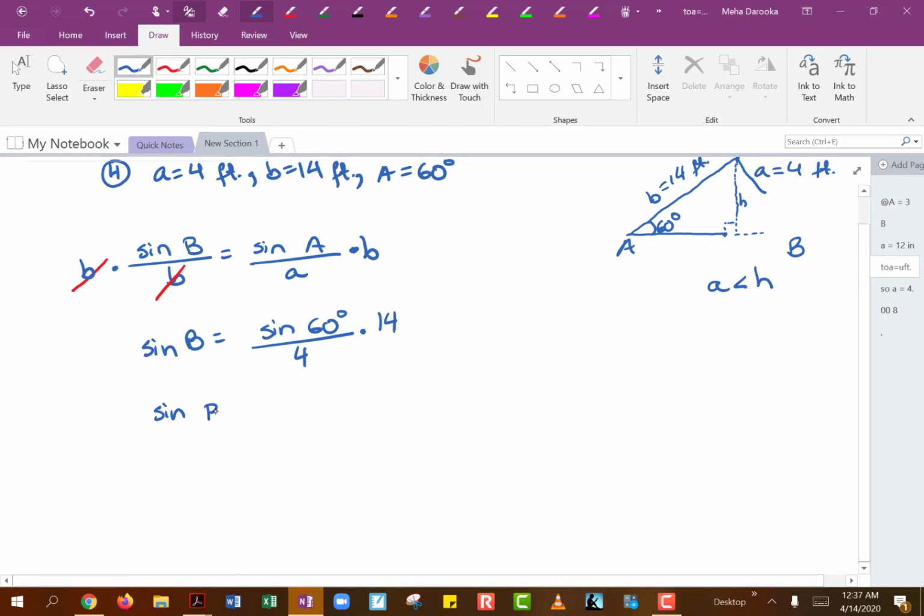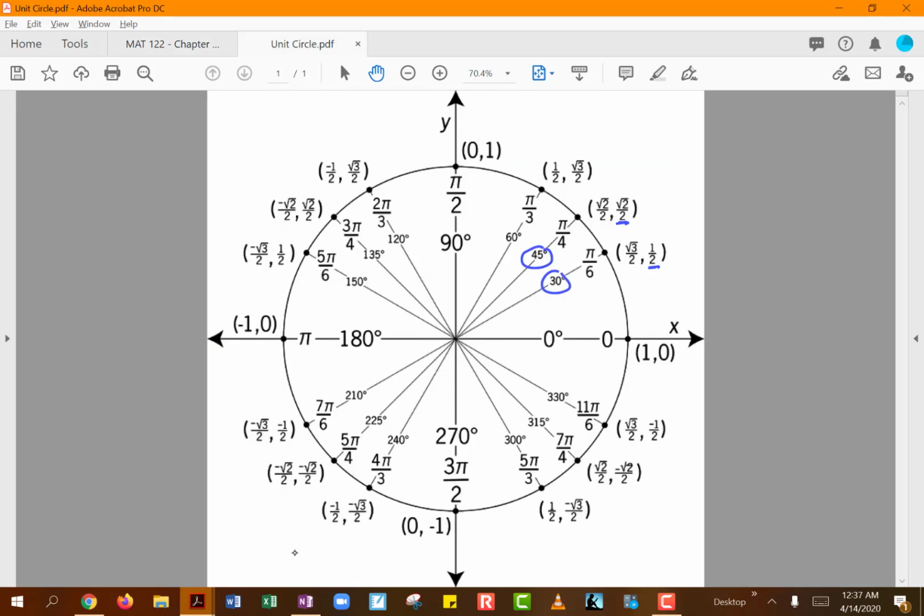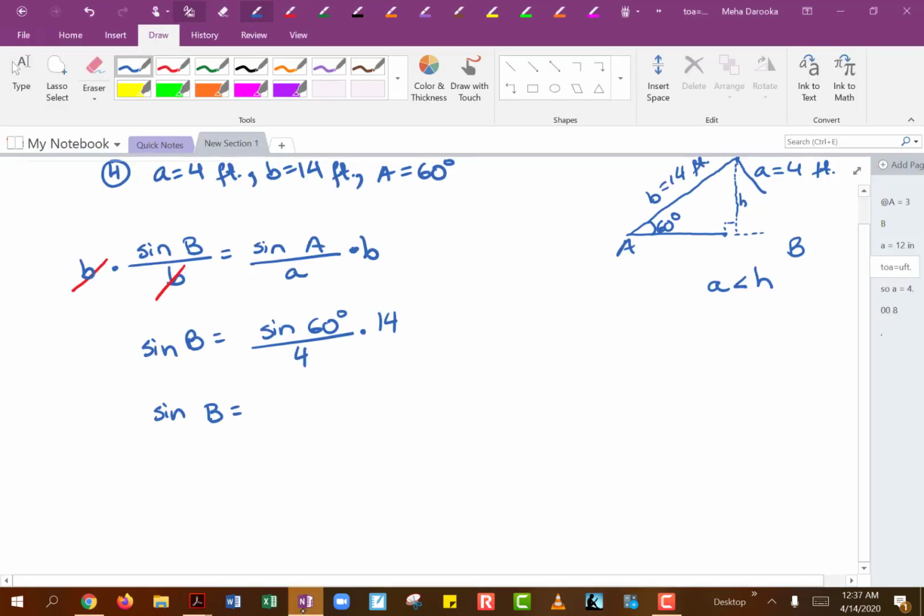So if you just try to solve that right hand side, sine of 60, of course you can use a unit circle for that, or you can just use your calculator. It's going to be square root of 3 over 2, which is being divided by 4 and multiplied by 14.